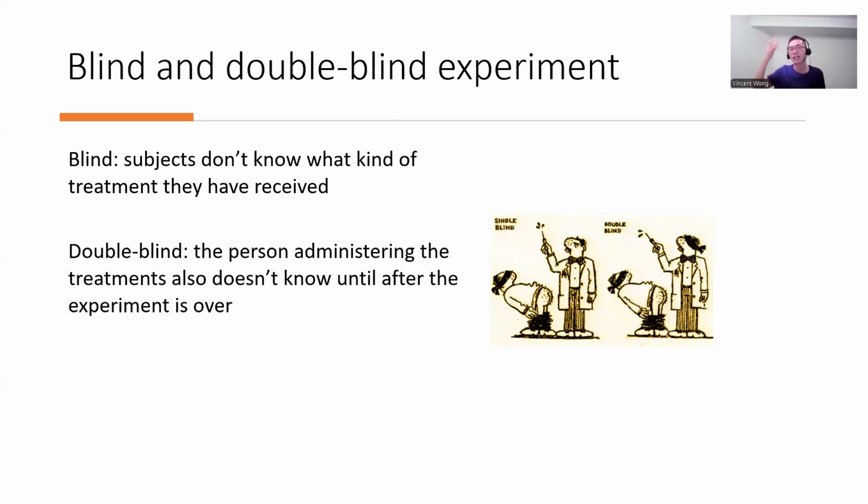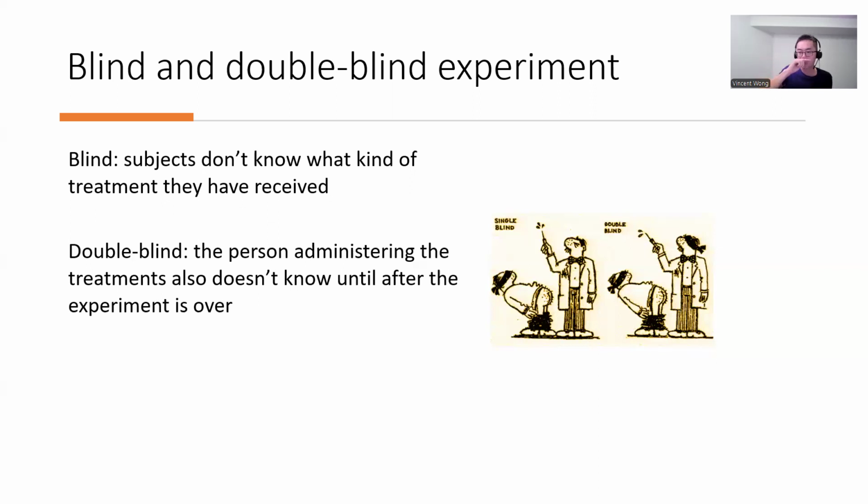What I mean by that is you cannot have a psychological effect where you feel more protected as a result of the vaccine, and therefore you don't get sick as often. You cannot will yourself into not getting sick, right? So it's not really for minimizing bias in that case.